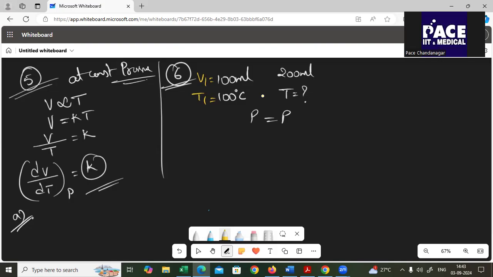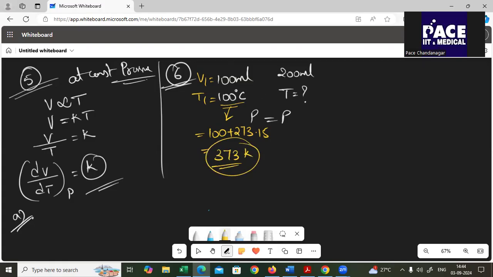And T1, please notice that you will never accept anything of temperature in degrees Celsius. You will always go with your Kelvin scale, which is 100 plus 273. Exactly speaking, you have to go with 273.15 also, but for easy calculations, I'm going with this. So now this is 373 Kelvin.